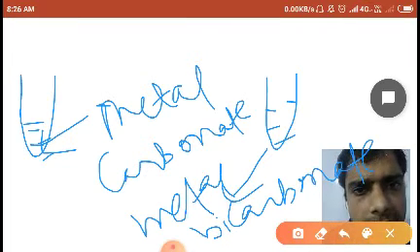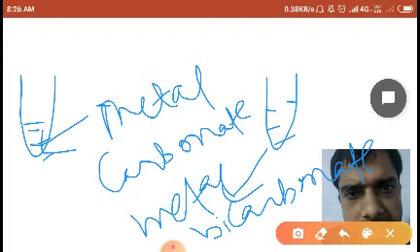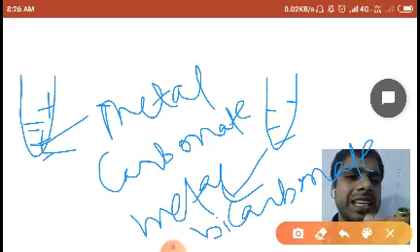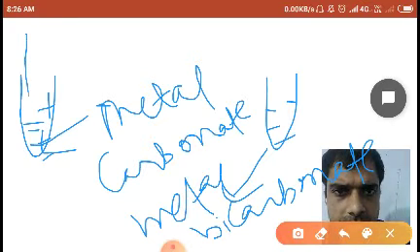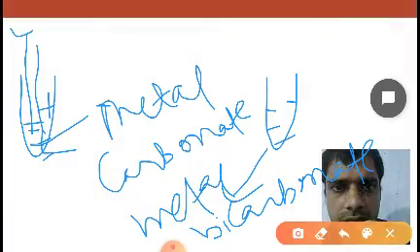Now what will I add into this one? I will add some amount of HCl, but I will not add HCl directly. I will add a thistle funnel into this one.